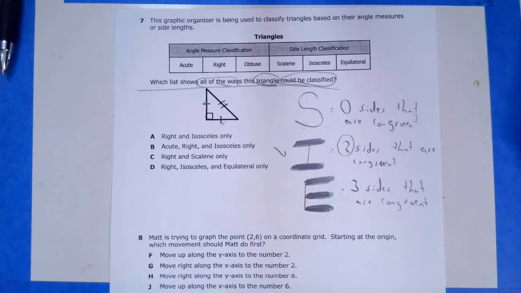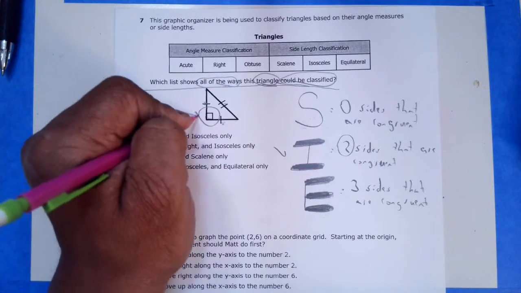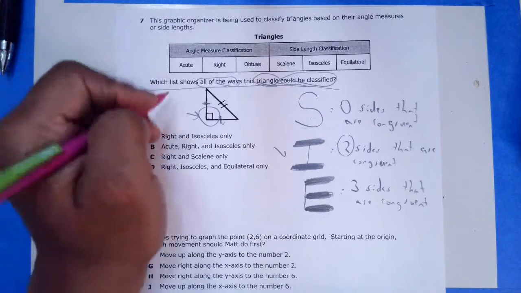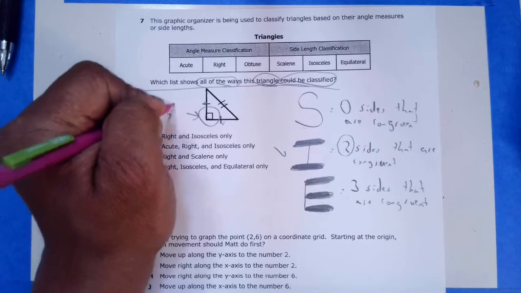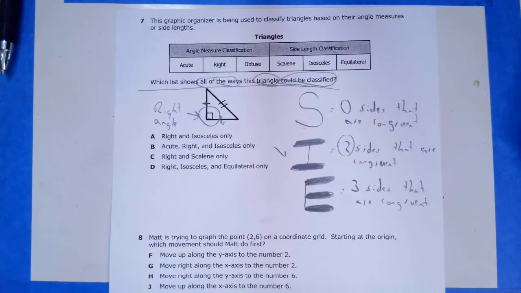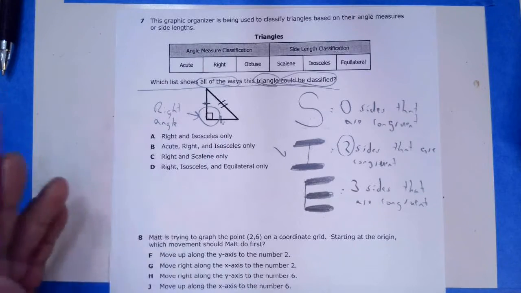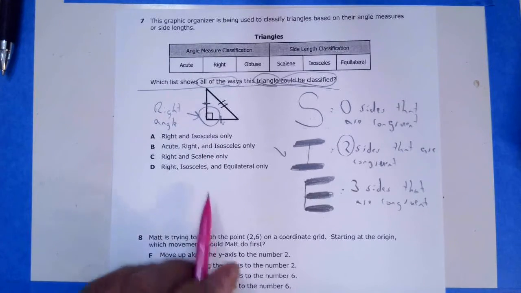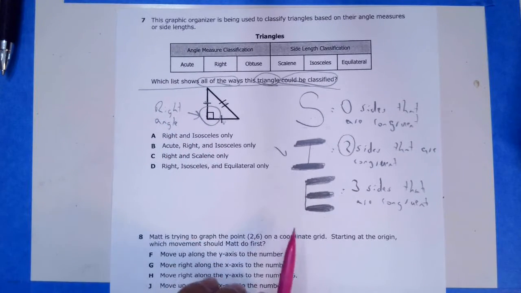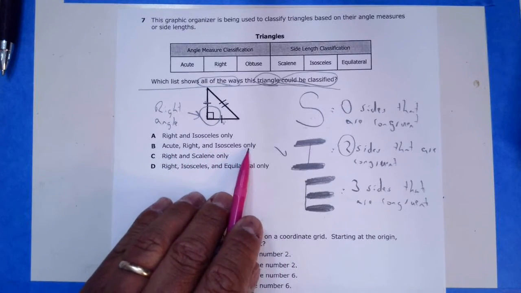Okay? Next. Look at that angle right there. That's a right angle. From here, right and isosceles only. Sounds good. Right, isosceles. Acute, right and isosceles only?